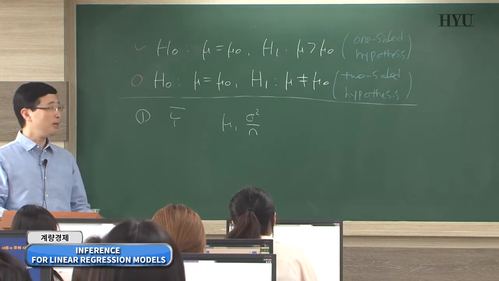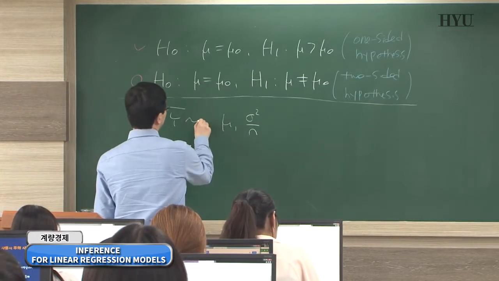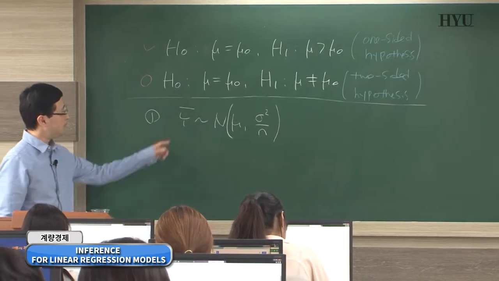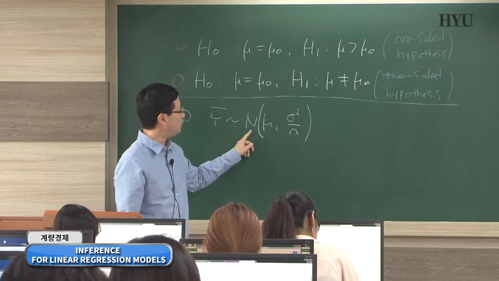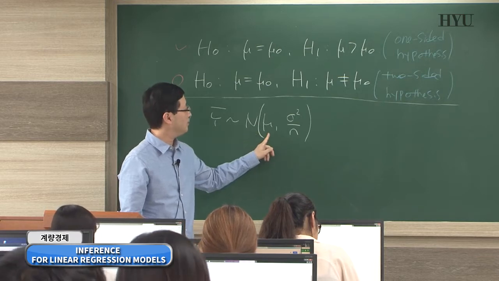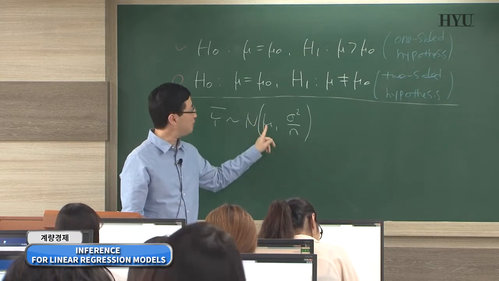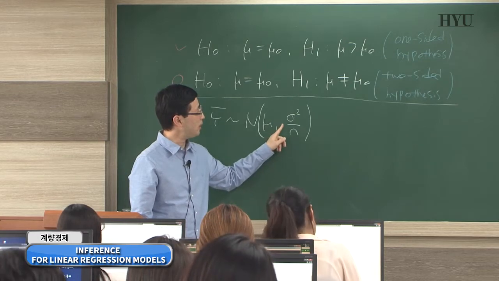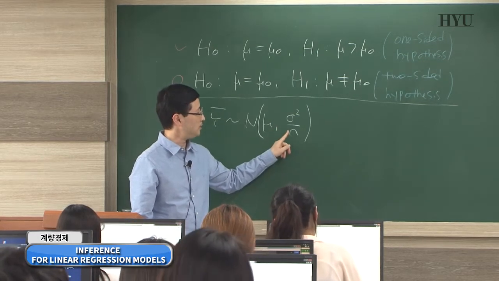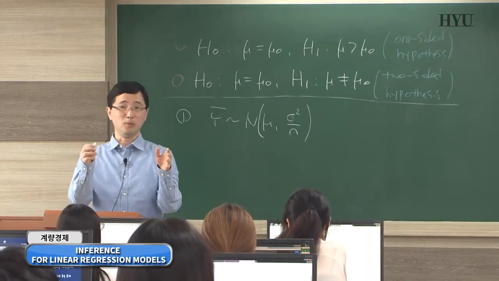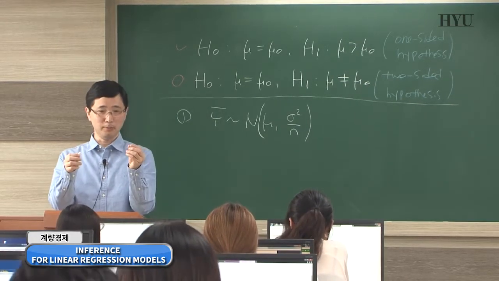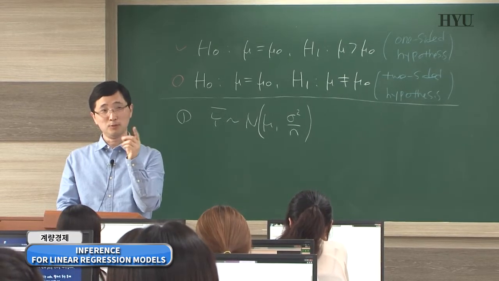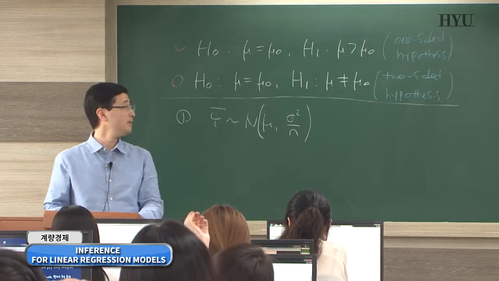If the sample size is big enough, then we can say that the distribution of the sample mean follows a normal distribution with the center at the population mean and the variance equal to population variance divided by the sample size. So as n grows, the y bar, the sample mean, becomes more and more concentrated around the true value, population, okay? Unknown truths.